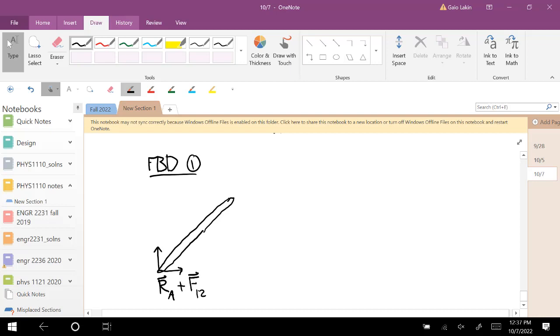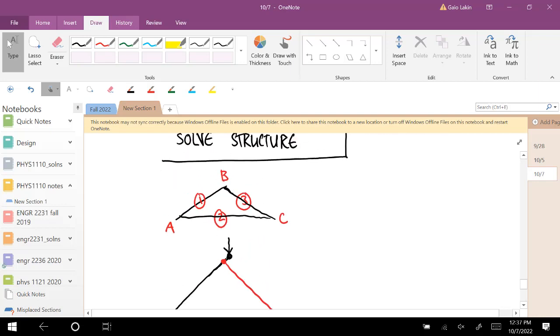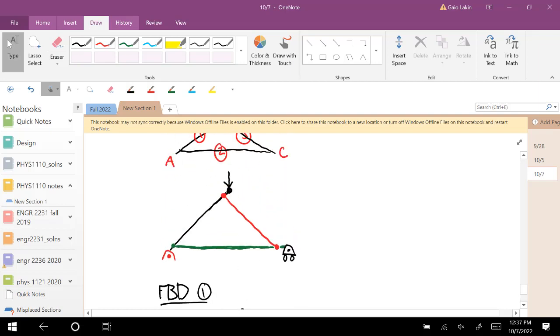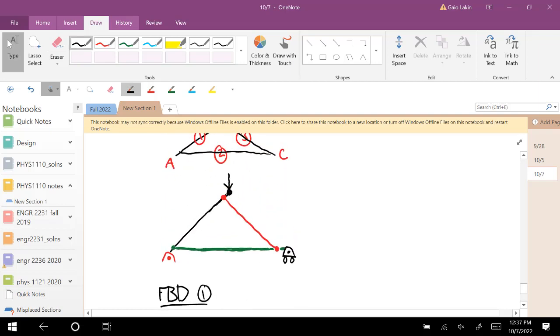Okay. And then there's the weight force acting at the middle. So that's 30 times 9.81, so 294.3. And then up at the top, it's being acted on by member 3.